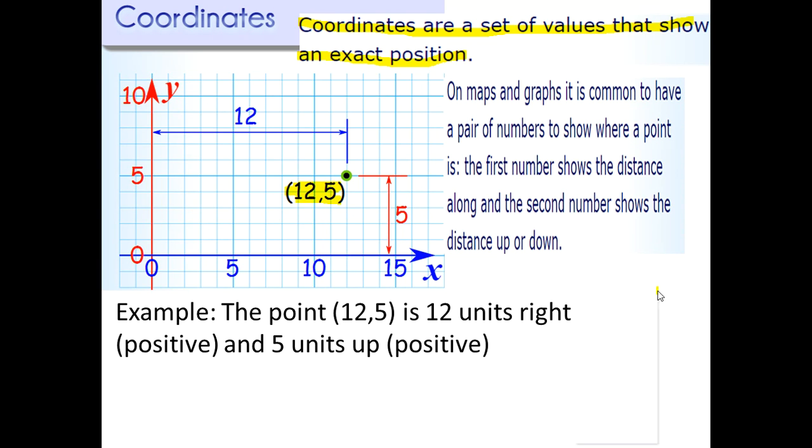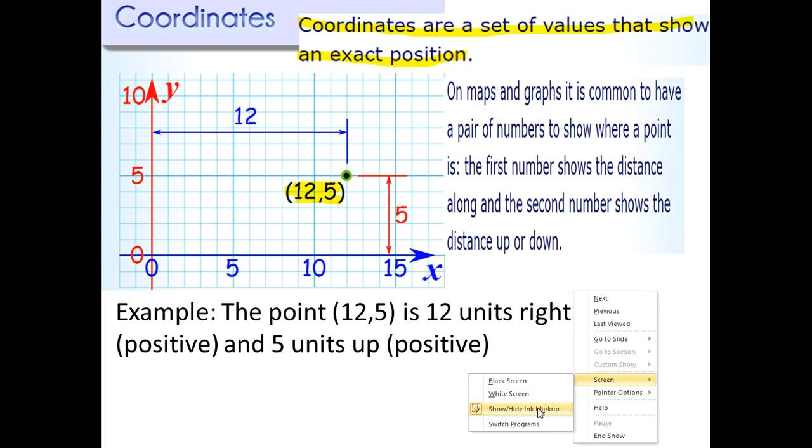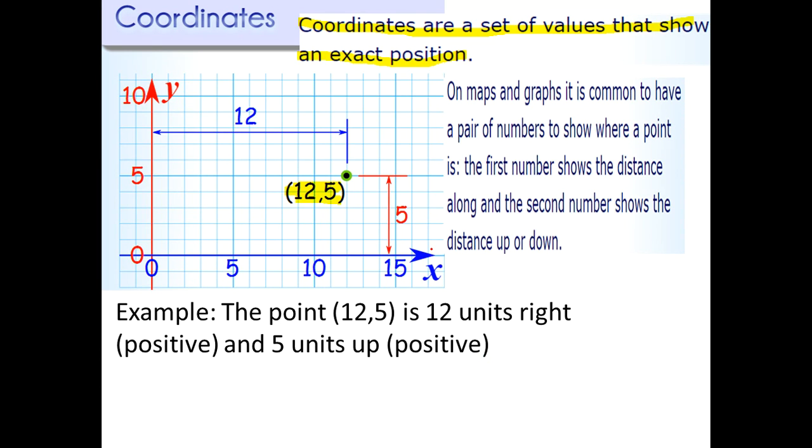The first number on a coordinate plane shows the distance along, or left and right. So this shows the distance along. It's also known as my x value. The second number shows the distance up or down, also known as my y value.